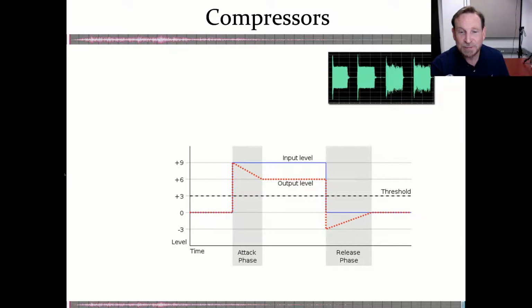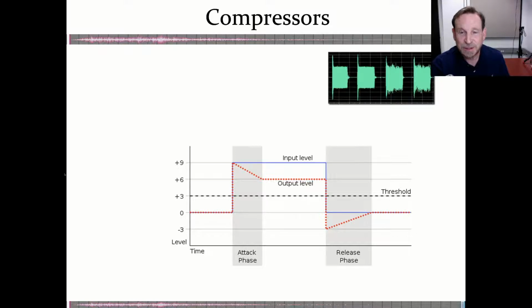We've got our input level, which is the blue line. So that's representing the signal that's coming into the compressor. So in this case, it's coming in. We're showing it at 0. Then it goes up to +9. The signal runs across, then back down, and then is below the threshold and runs off. And then the dotted red line is showing us what the output is.